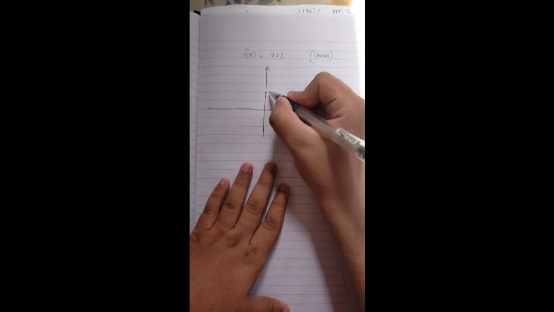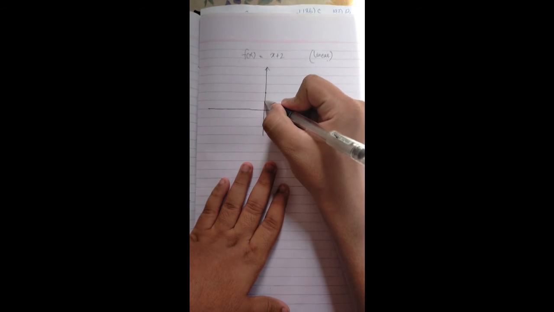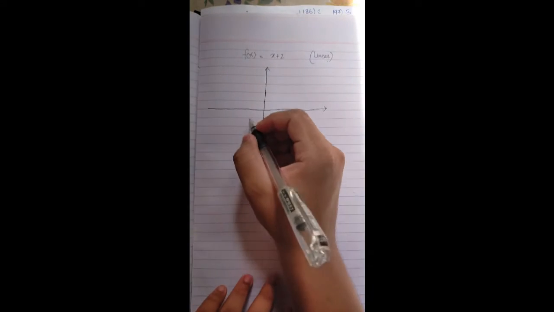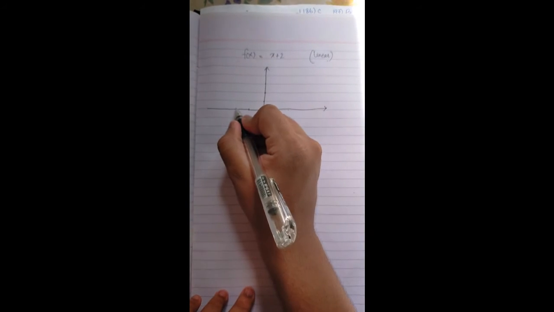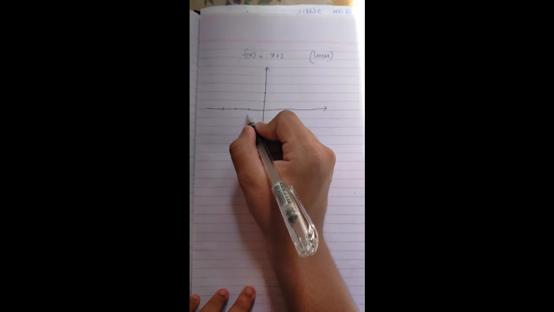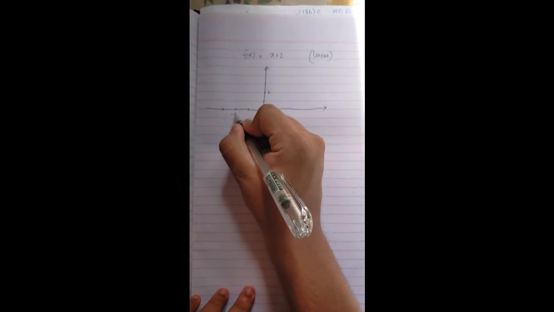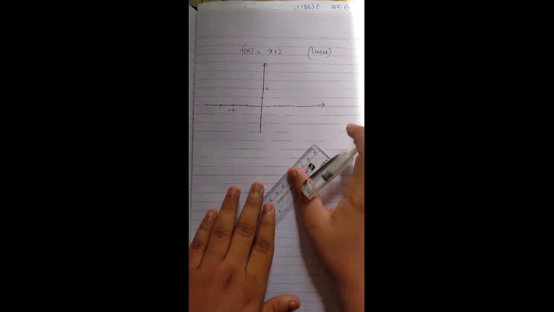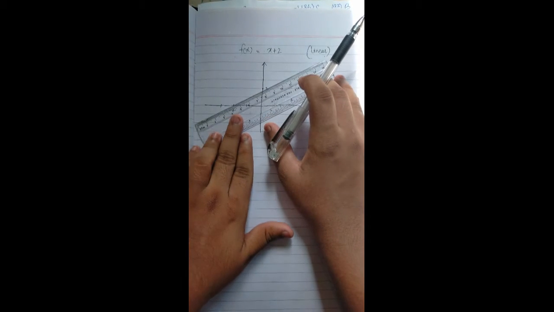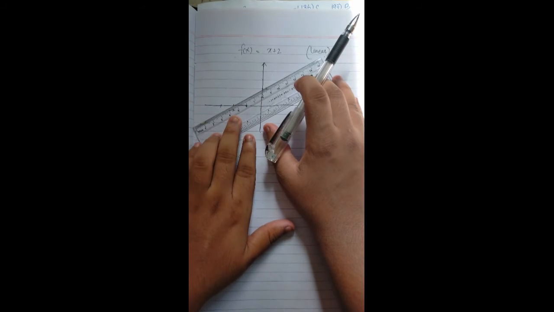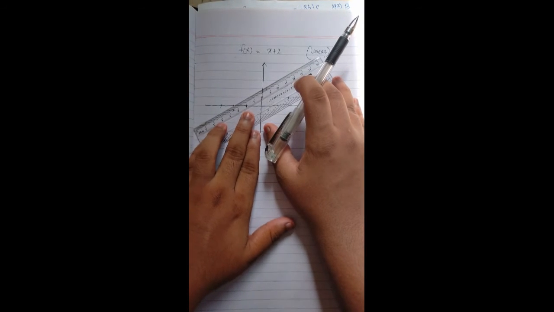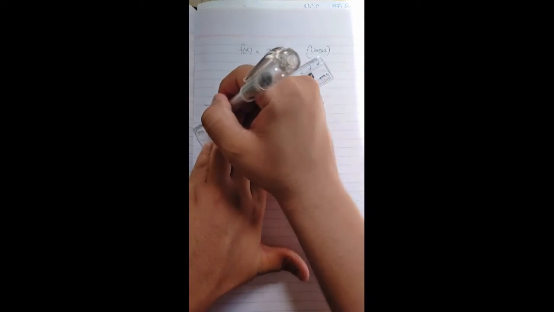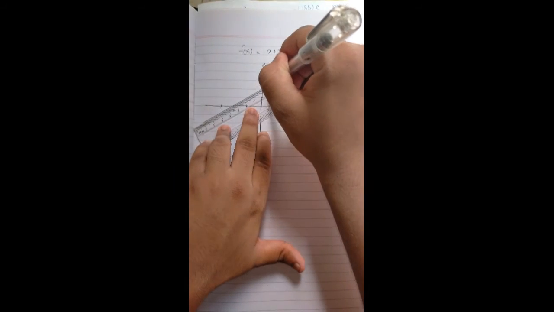So this is 3, this is minus 3, this is 2, and this is minus 2. So the graph of x plus 2 will be a straight line because it is a linear function.